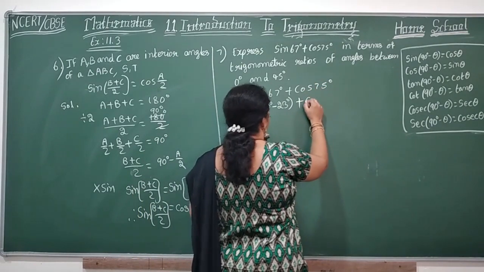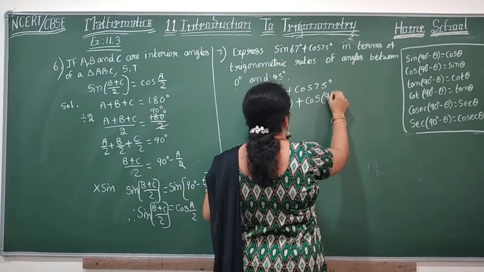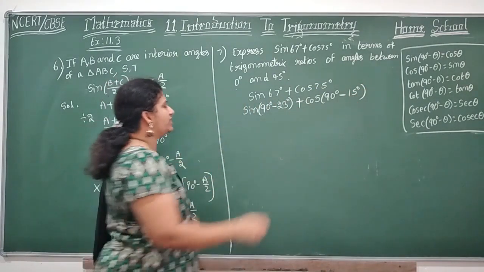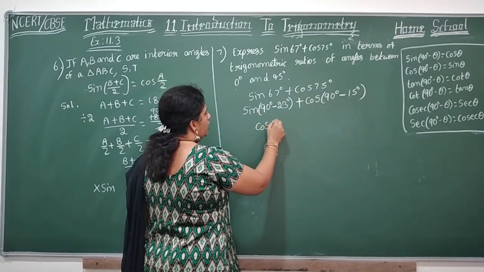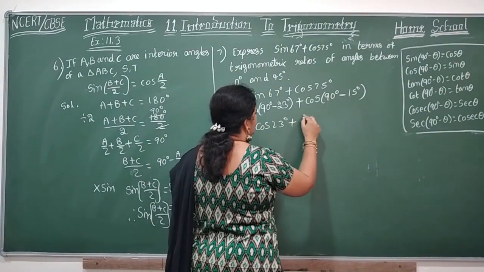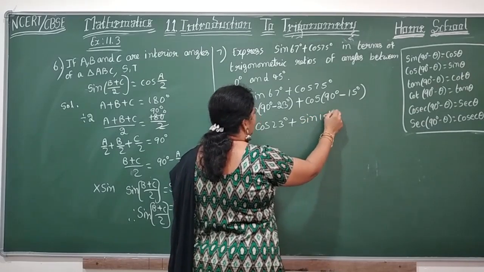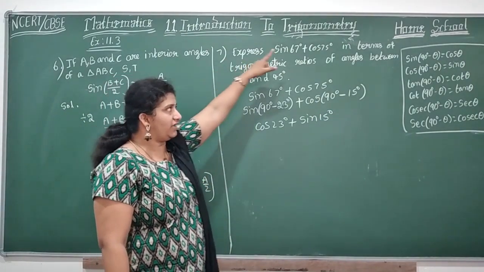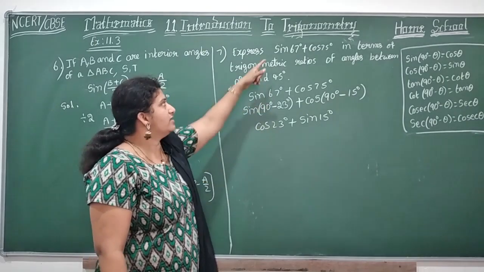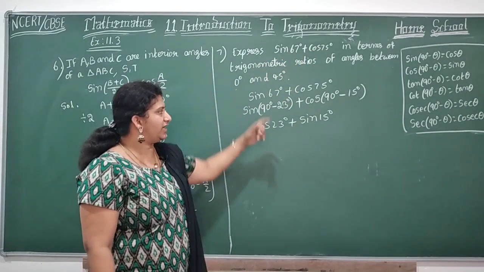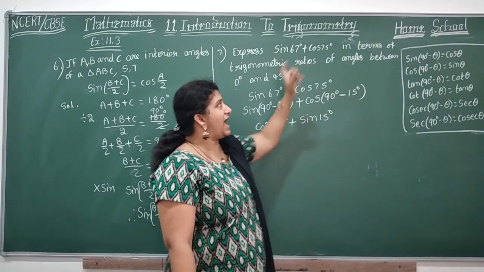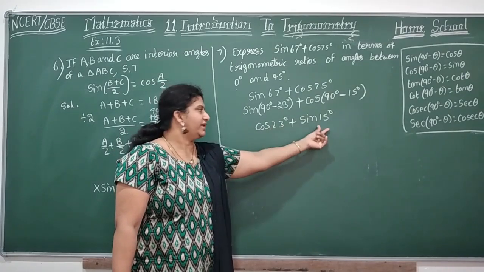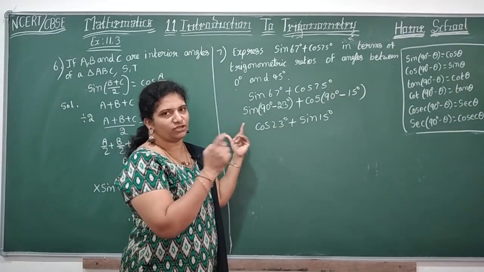In the same manner, cos of 90 degrees minus 15 degrees. Now sine of 90 minus theta will be cos 23 degrees, and cos of 90 minus theta will be sine theta, that is sine 15 degrees. So observe here, children, I have changed the given ratio: sine 67 plus cos 75 I have rewritten as cos 23 plus sine 15. And its angles should be between 0 and 45. Yes, 23 and 15 are between 0 and 45.